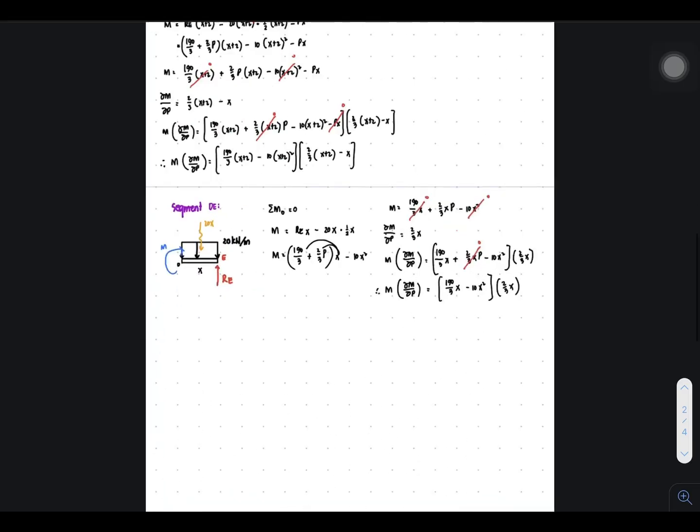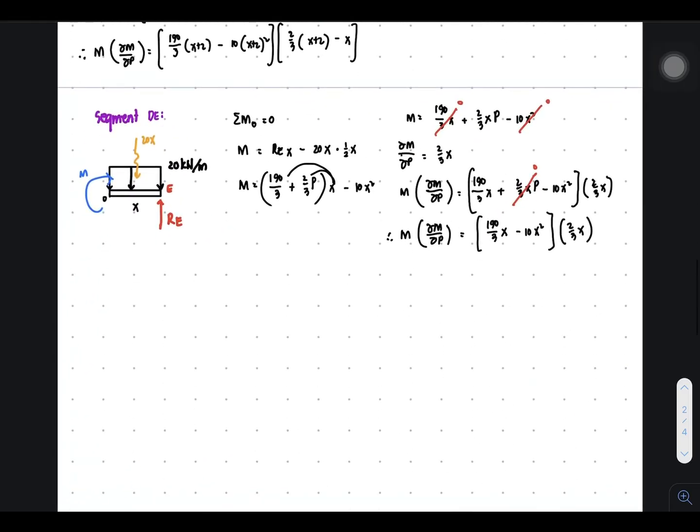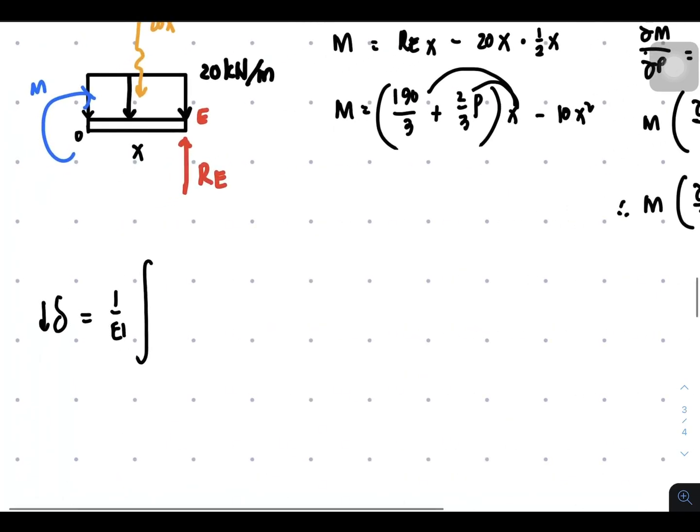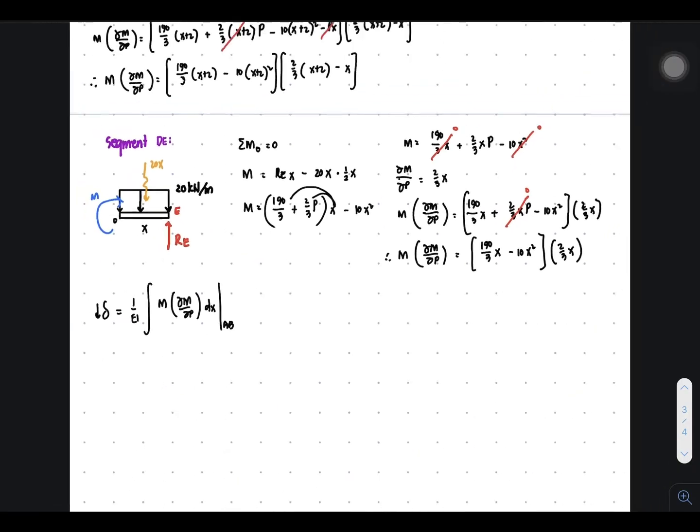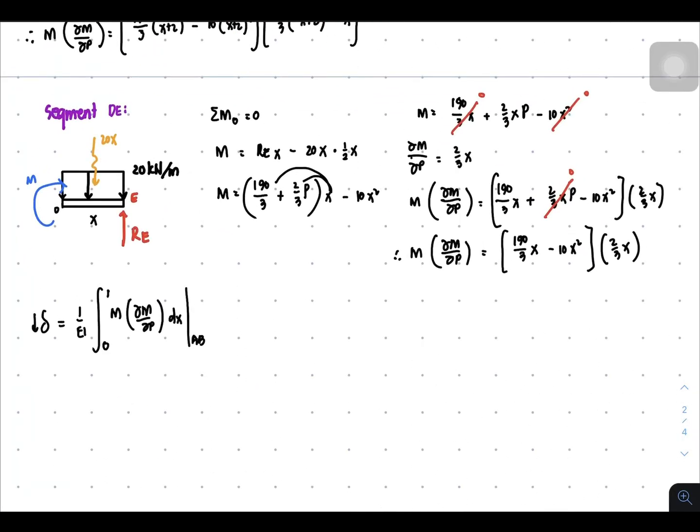Okay, so this time let us now create the deflection downward, and that's equal to 1 over EI for segment AB, m times this one dx from A to B. So the limit is from 0 to 1, since the length of AB is 1 meter.